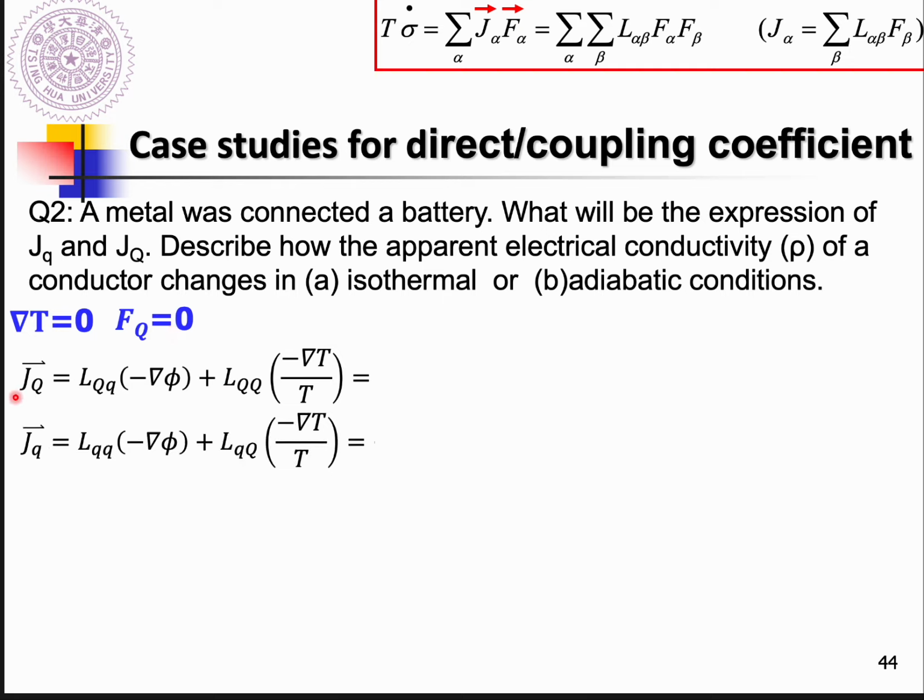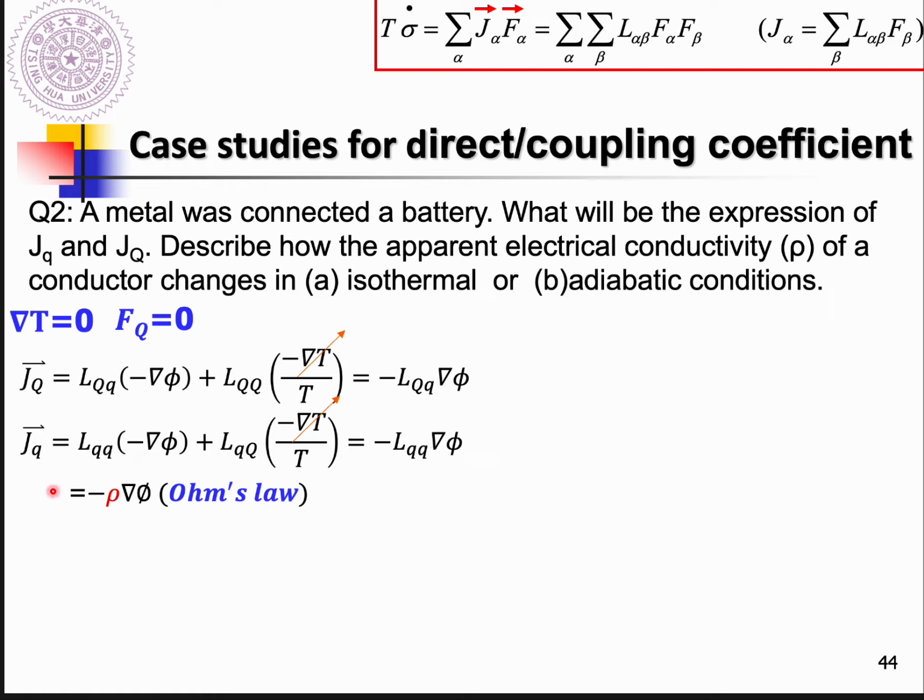So when you write down the heat flux and the current density based on the flux-force relationship, and we know the temperature gradient equals 0, we get this, right? We can write the heat flux as a function of the minus electrochemical potential gradient, and the current density is also a function of the minus electrical potential gradient.